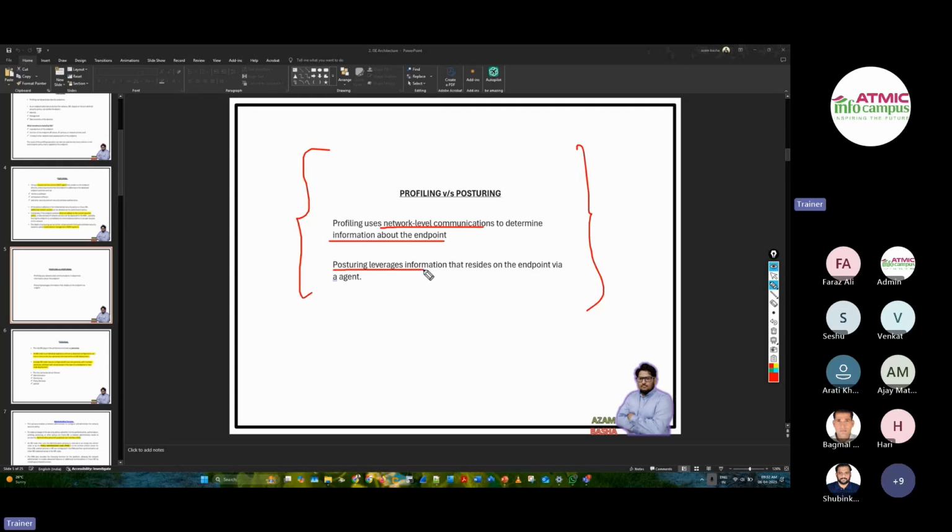Posturing leverages the information that resides on the endpoints via an agent. So this is the difference between profiling and posturing. I am pausing here. Any questions?